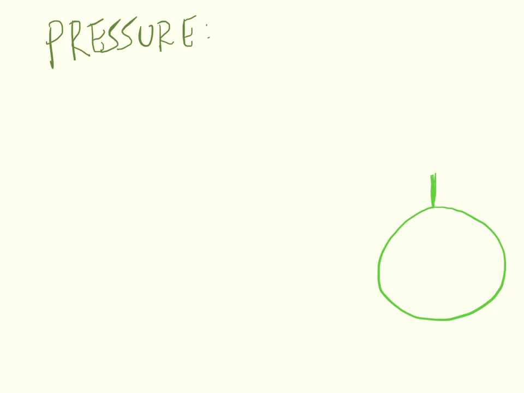And when we measure these collisions, if we measure the force exerted by these collisions, what we're measuring is the pressure. So we hear the word pressure all the time in terms of peer pressure.